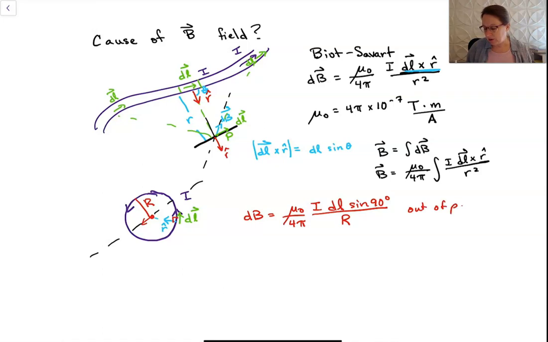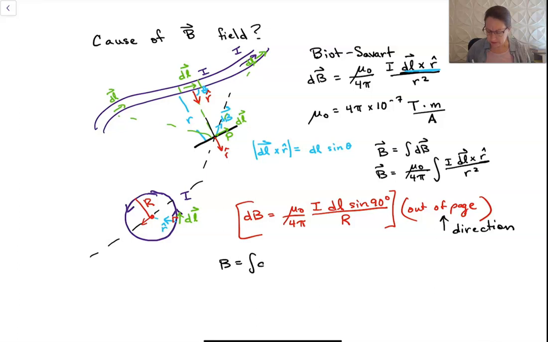Out of page is my vector direction, which we could set up an axis and call z hat. But anyway, the magnitude is given by this, and the direction would be given by out of the page. So we'll write it like that. That's our direction. And so to find this integral, we would say B is equal to the integral of dB.